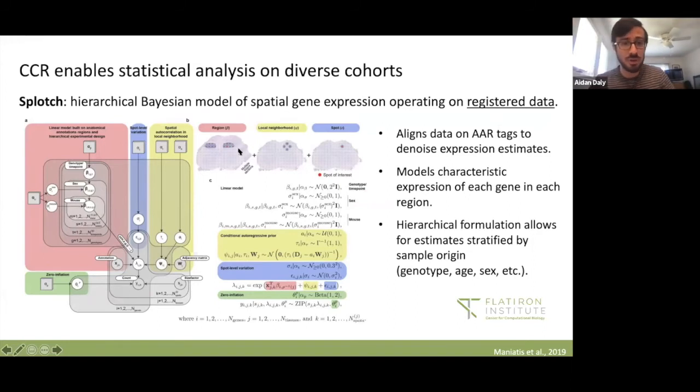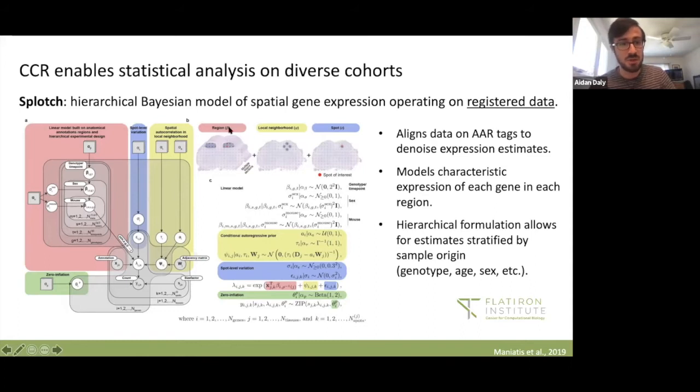So if you have a bunch of, in this case, spinal cords, but whatever tissue you're interested in, that's been registered to a common coordinate framework, what Splotch basically does is it aligns these data based on the AAR tags and uses them to make an estimate of what the characteristic expression is of each gene in each region. It then models the actual expression of each gene as a combination of the effects of this region-specific expression, as well as effects of local neighborhoods of other spots and spot-specific random effects.